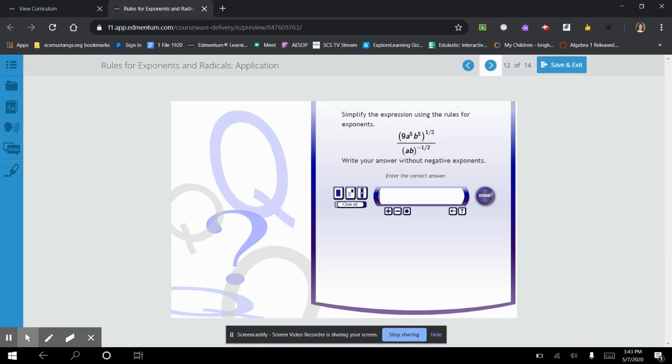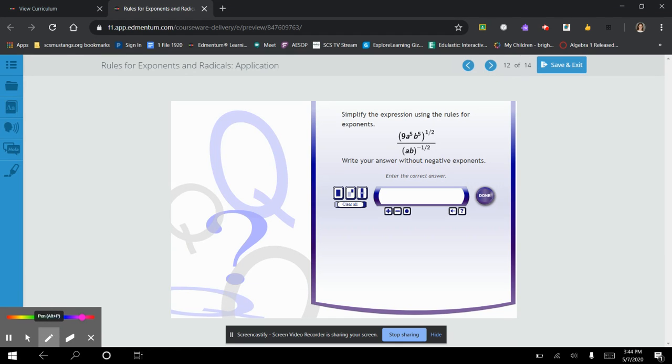All right, so looking at this one, we've got 9a to the 5th, b to the 5th, to the 1/2, divided by ab, whole thing to the negative 1/2 power. So I'm going to do the same thing that I did before. I'm going to be distributing the 1/2.